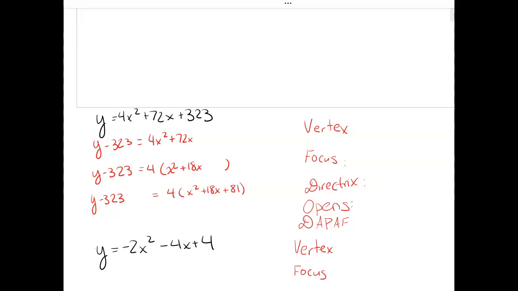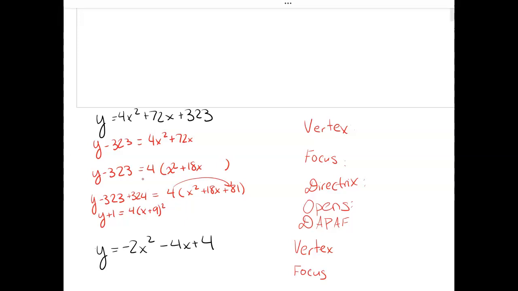I want to add 81, but since there's that 4 on the outside, when I multiply 81 times 4, I should get positive 324. So simplifying this, I should get y plus 1 is equal to 4 times the quantity of x plus 9, quantity squared.